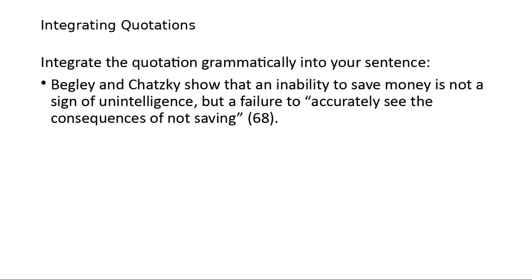Whereas in the other examples, you can tell because there's clearly a break between the first part of the sentence and the quotation. But in this case, there's not. So the rules are a little bit different when we're integrating a quotation like this. We're not introducing it, but it's flowing grammatically into the quotation without any punctuation.